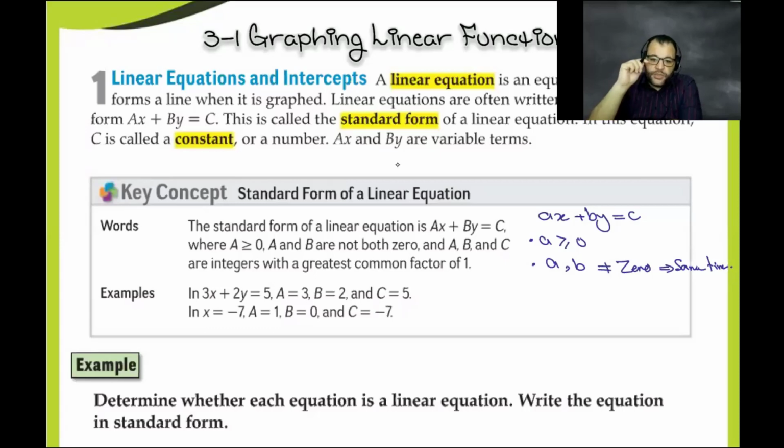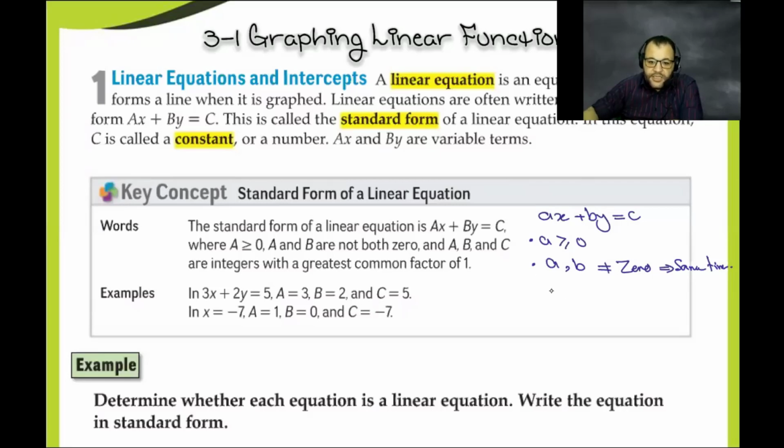A could be equal to 0 and b could be equal to 0, but not both at the same time. So again, the standard form is ax plus by equals c, where a must be positive or 0, and a and b are not equal to 0 at the same time.